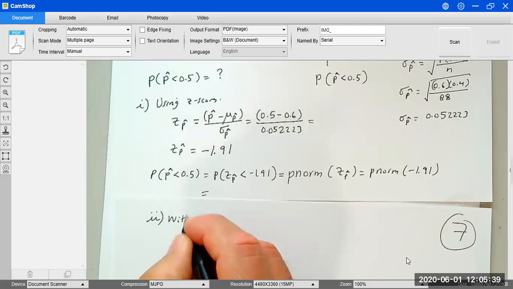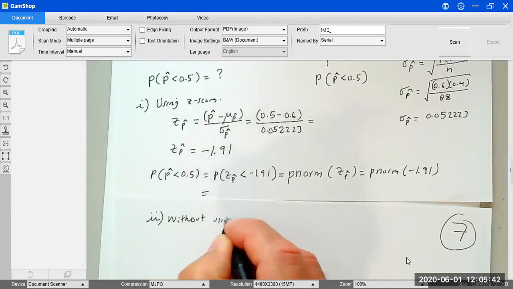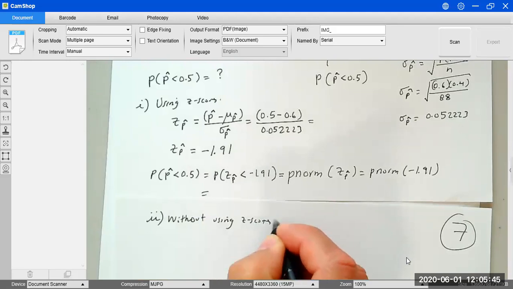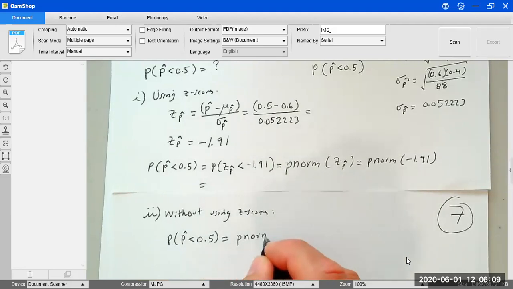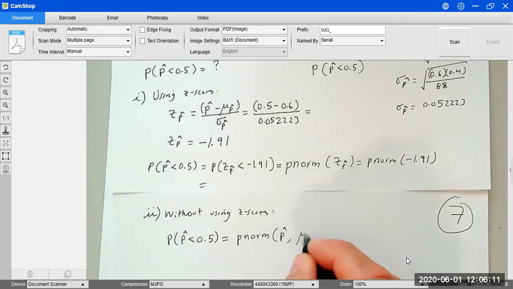So without using the z-score, working directly with the data, the probability that p hat is less than 0.5 is just pnorm. We're going to use the mean for p hats and the standard deviation for p hats.